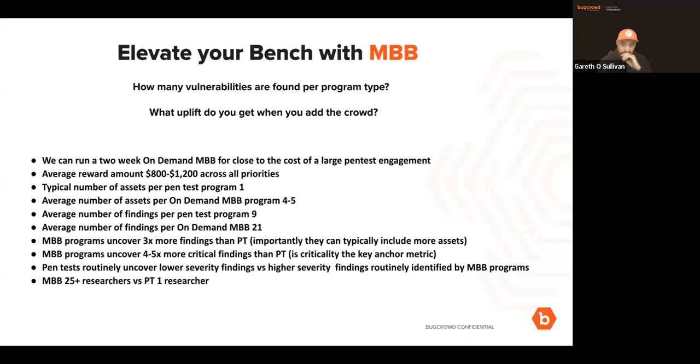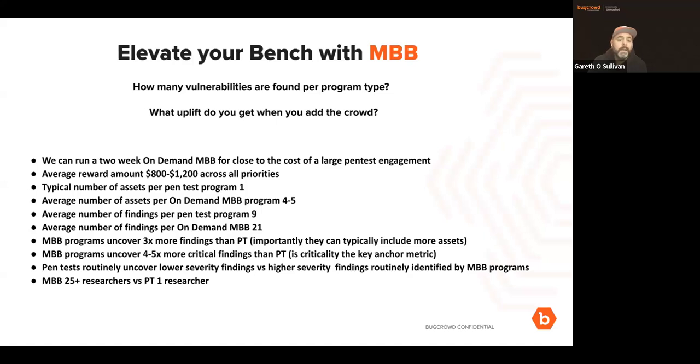Now, we do have to factor in that there's probably more assets in the on-demand, but that's the beauty of bug bounty, that flexibility and the volume of scope that you can include in these programs. Usually 3x more findings, and again, typically including more assets, but we often find that the priorities of those findings are higher. So 4 to 5 times more critical findings than pen testing is typically identified in a typical bug bounty program.